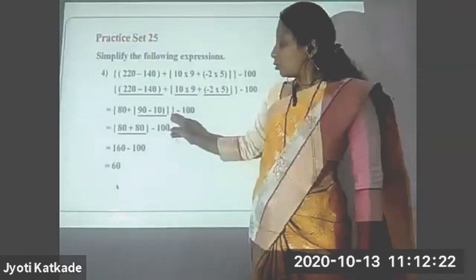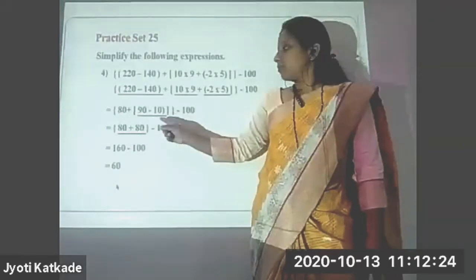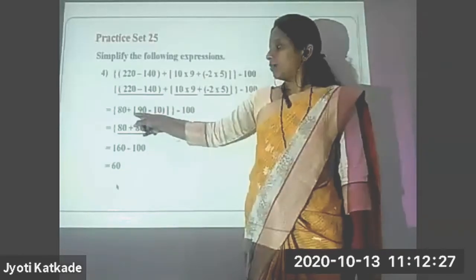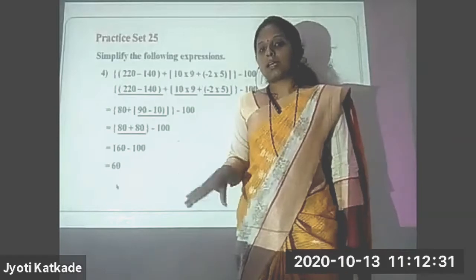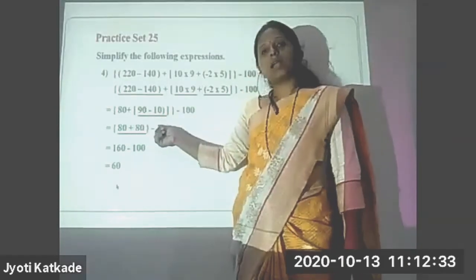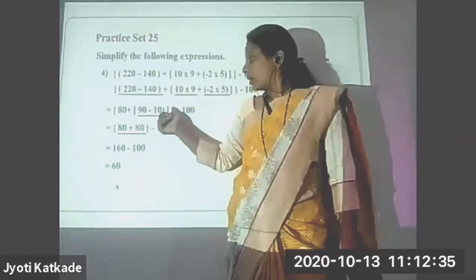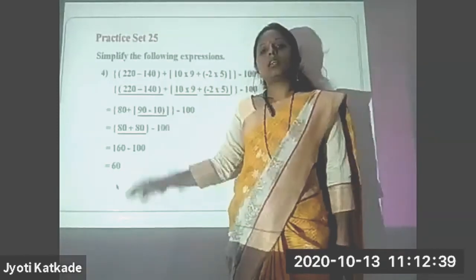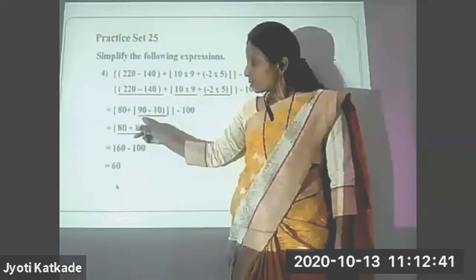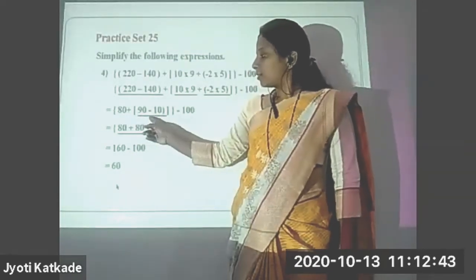Now there are two brackets, curly and square. So first we have to solve the innermost bracket. Which is the innermost bracket in this example? The curly bracket is outer, and the inner one, the square bracket, is innermost. So we have to solve this bracket first. 90 minus 10.